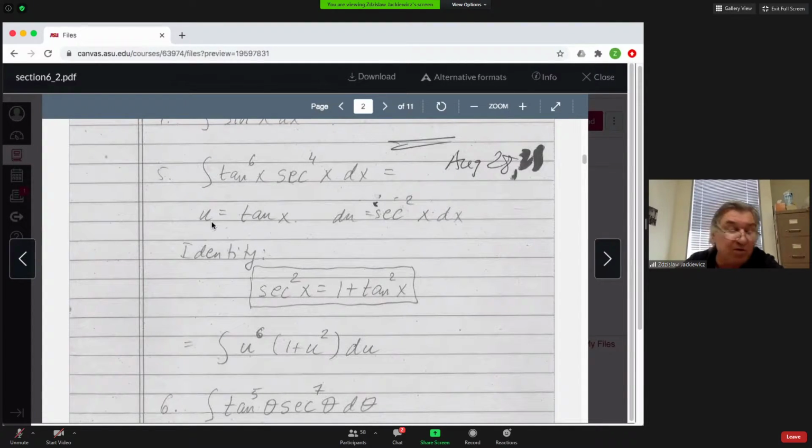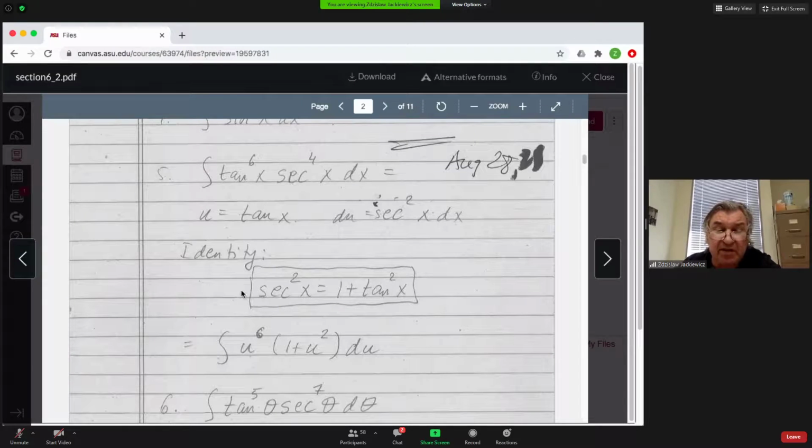So we make substitution u equal tangent x. Then, of course, du is secant square x dx. And the identity we will have to use is something you know from the previous semester or from trigonometry. Secant square x is 1 plus tangent square x.